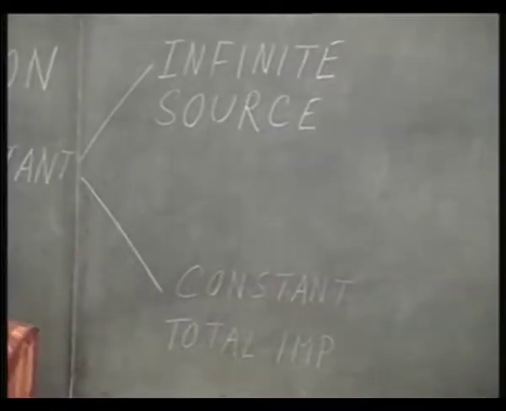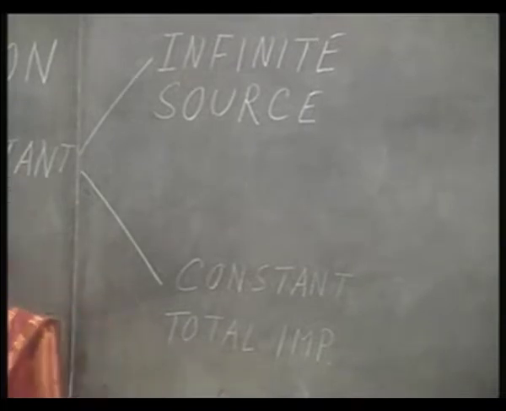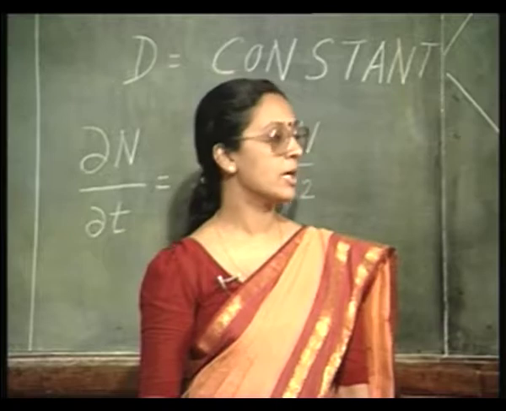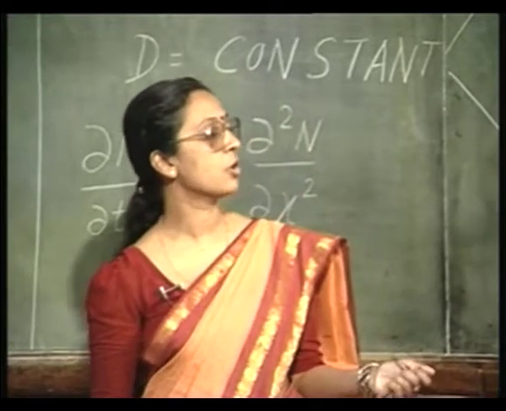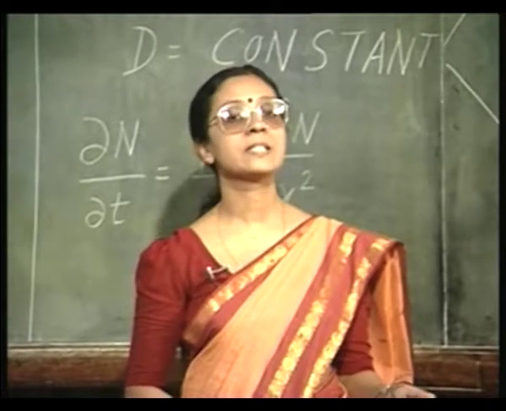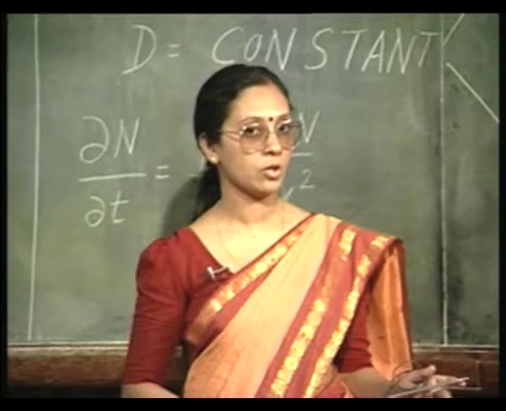That is, the total amount of impurity is fixed by the time and temperature of pre-deposition. Whatever amount of total impurity has gone into the surface remains there and gets further driven inside the semiconductor material.